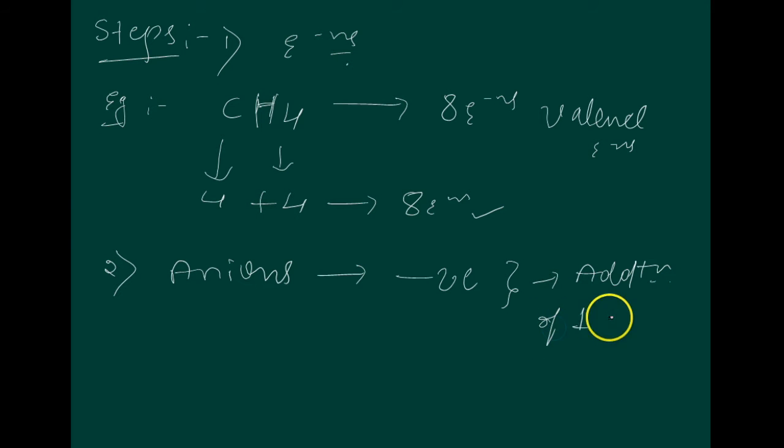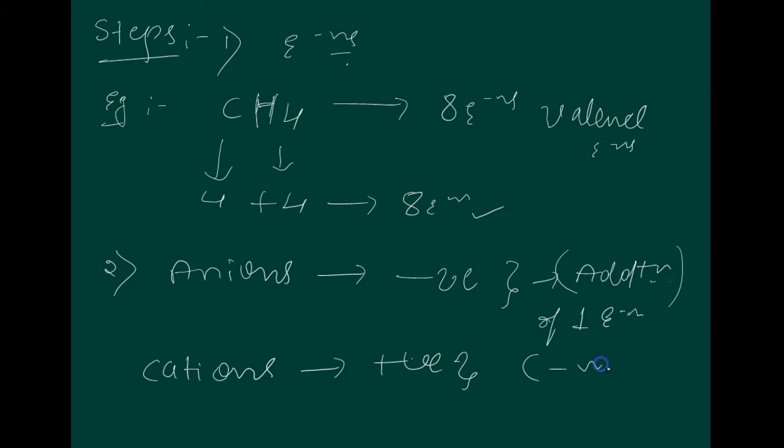For cations, the positive charge would result in a subtraction of one electron from the total number of valence electrons. This is addition, this is subtraction. So this is about anions and cations.